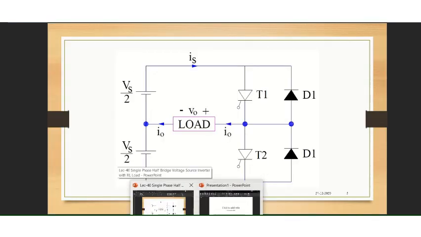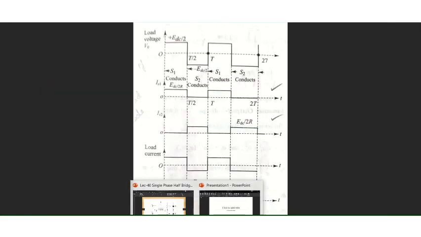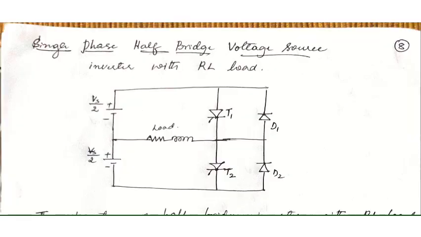All right. So if our circuit is something like this, if we have an RL load, the load is inductive type, then when T1 is conducting, as you know, the current in the circuit will be flowing in this direction, and the load will be storing the energy, right?